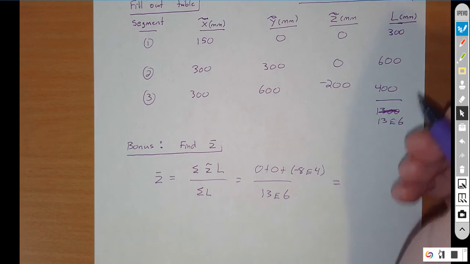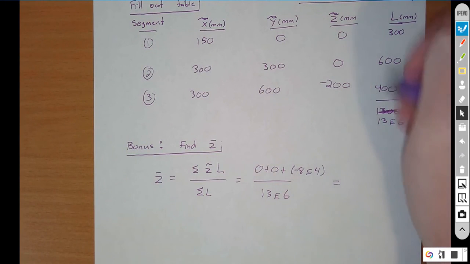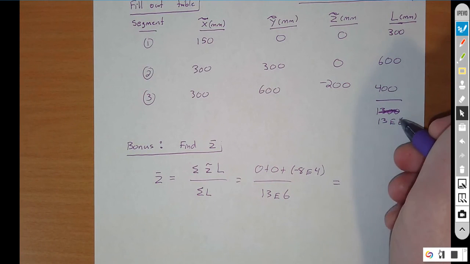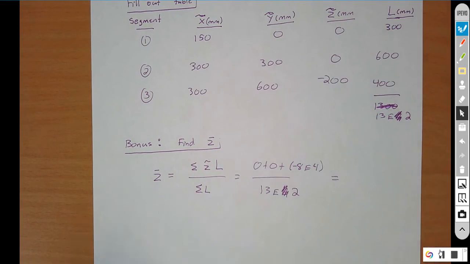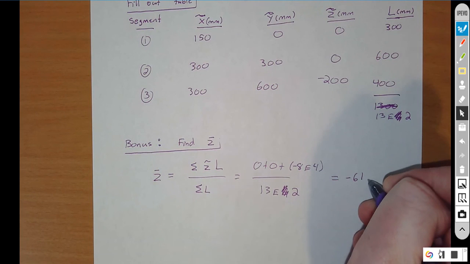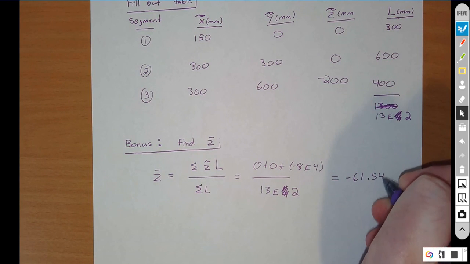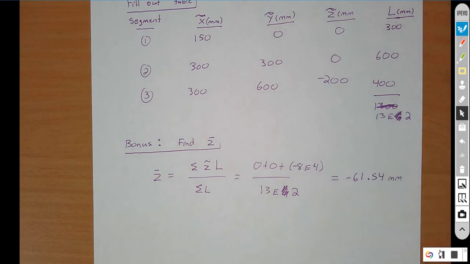Actually, that's a mistake. This is plus, not multiplication, so you only get 2 zeros here. So 13e2. Then you can do your math, and you'll find that it is negative 61.54 millimeters.